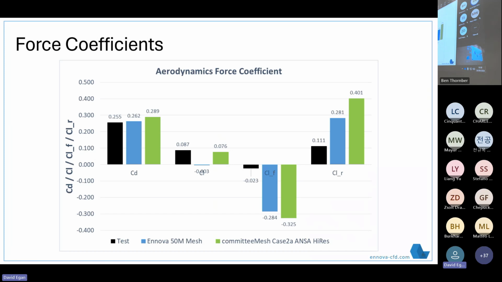What we were running is OpenFOAM, just simpleFoam with Menter SST, as simple as we can, on the assumption that if the mesh behaves well on the steady state, it's most likely going to behave better on some of the other more appropriate solvers. But we didn't have time to go back and look at any of the transient runs. So that's something that we probably will do in the future, but we haven't had time to do that.